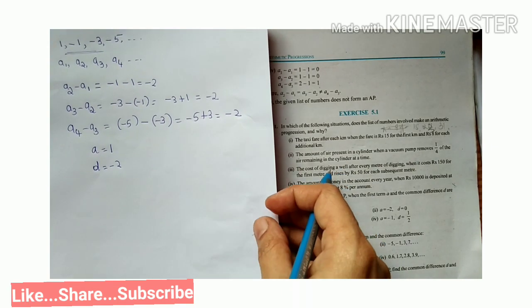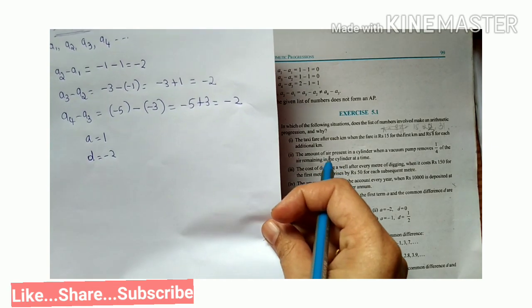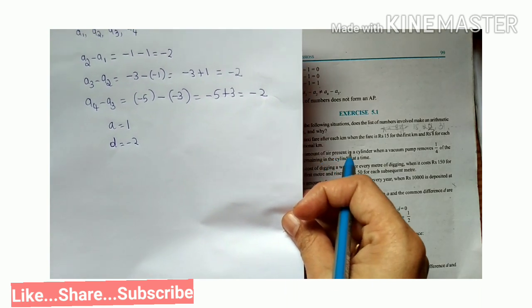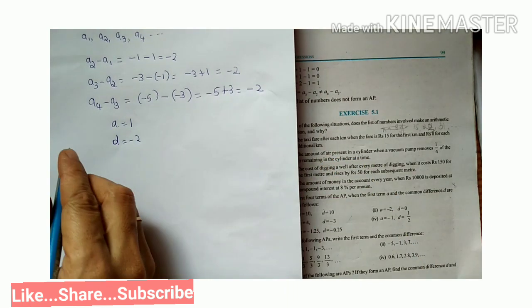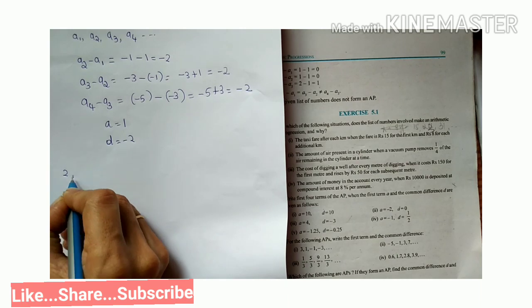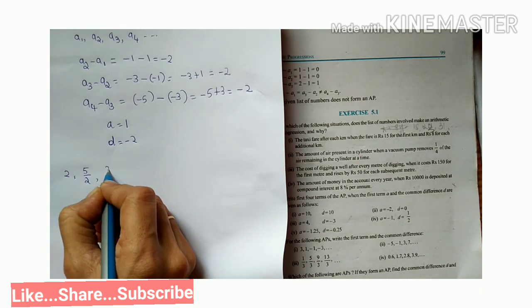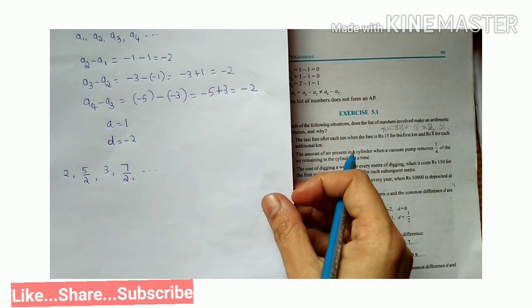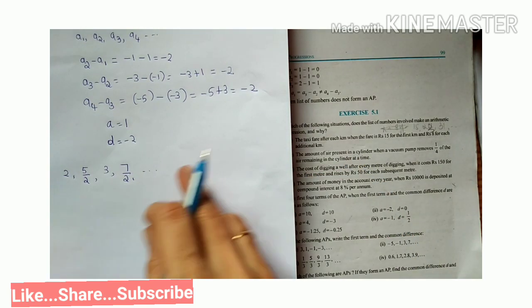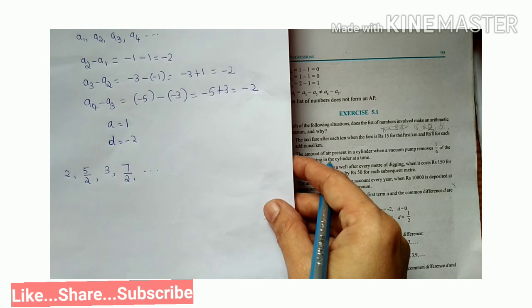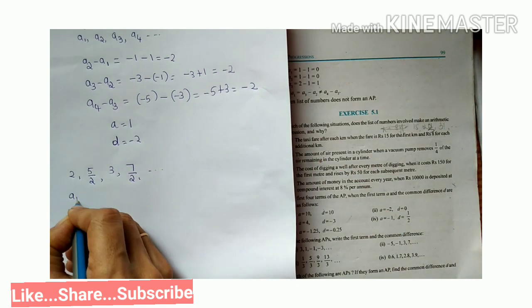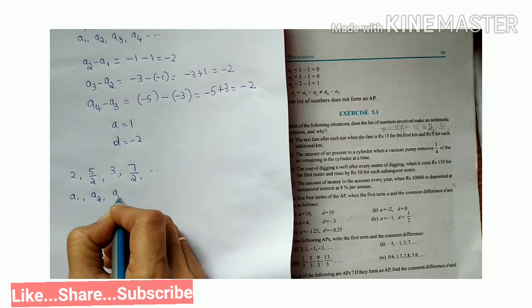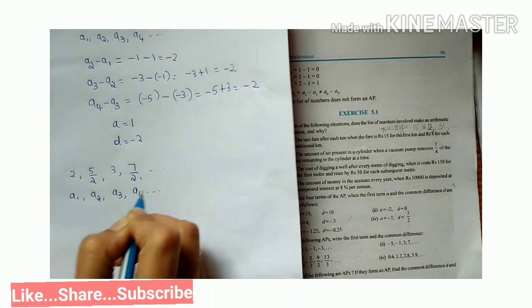Let us see one more example: 2, 5/2, 3, 7/2. Let us check whether this list of numbers forms an AP or not. A1, A2, A3, A4.